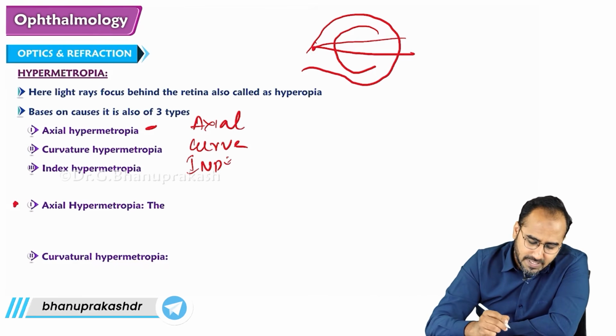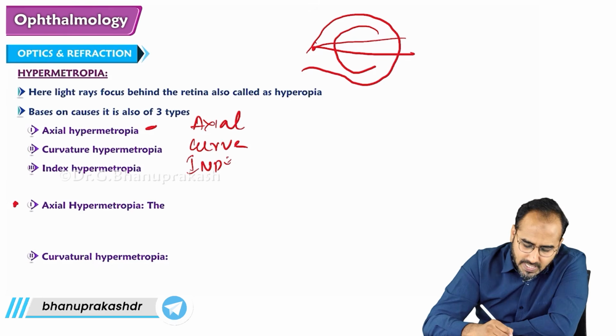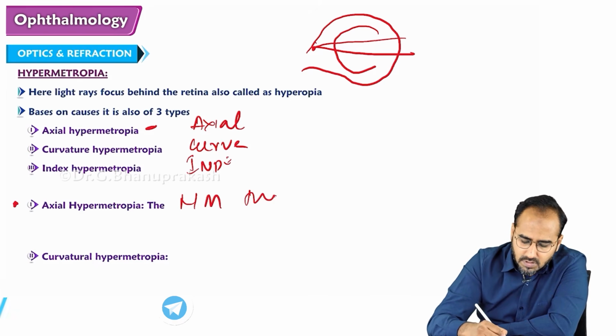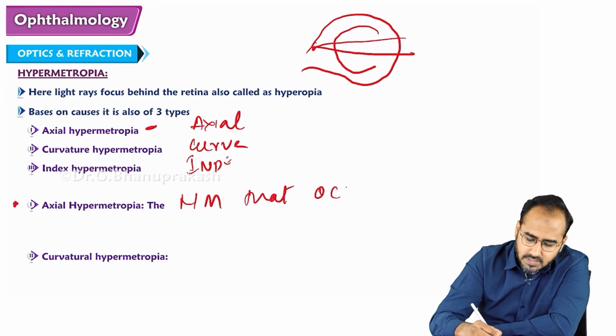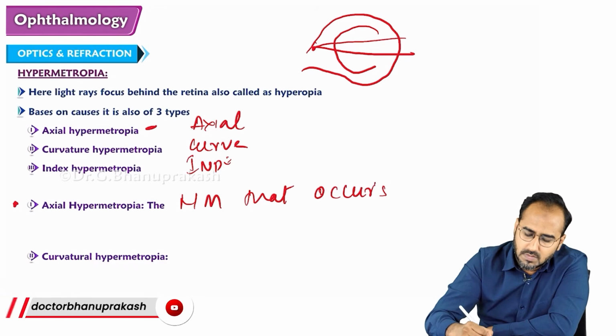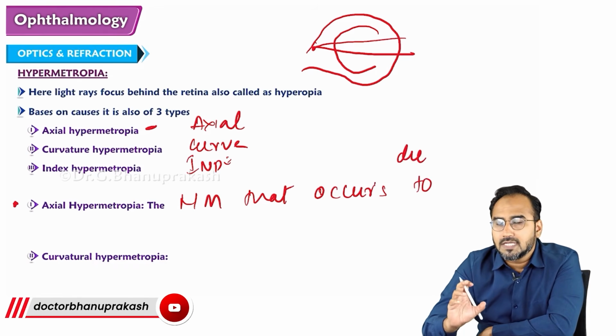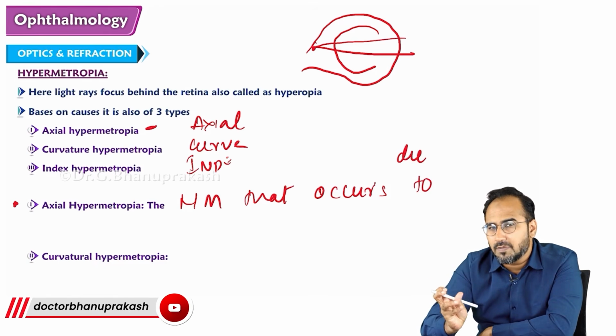So axial hypermetropia is a hypermetropia that occurs due to shortening. That is, it's not that the patient will develop a 24 mm eyeball and then the eyeball will shorten.